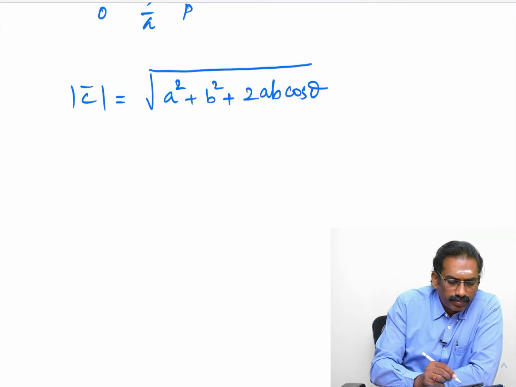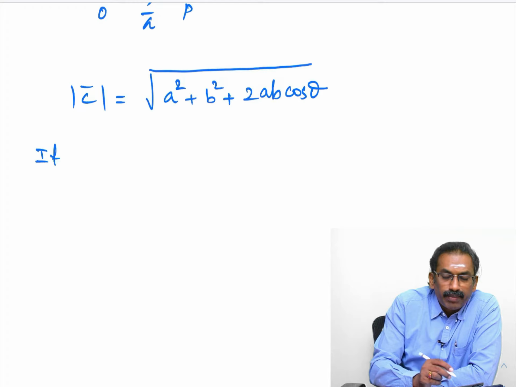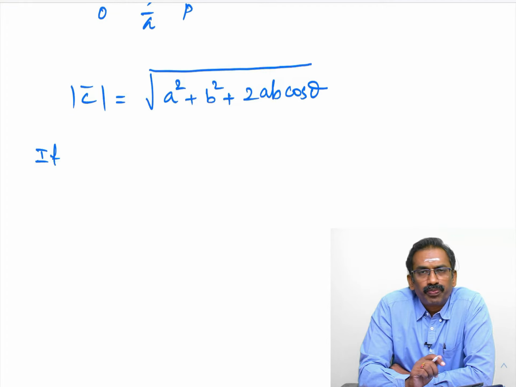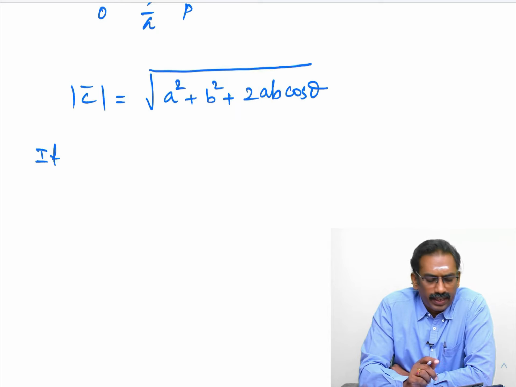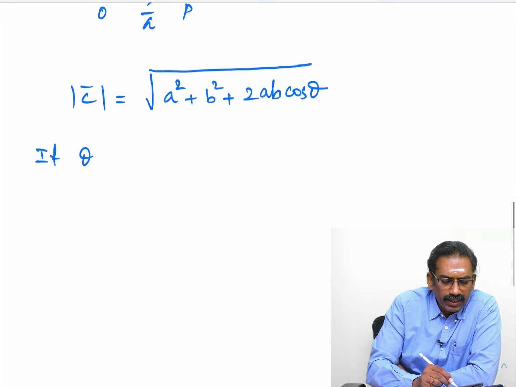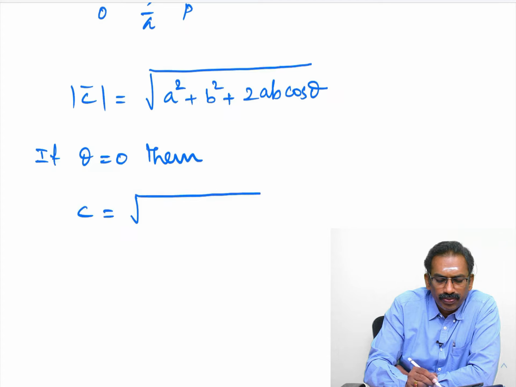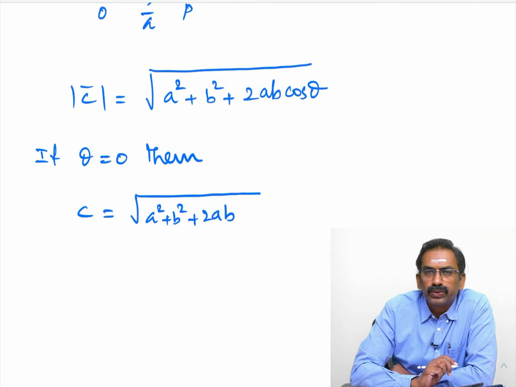Suppose A vector and B vector act at an angle 0, or in the same direction. Then the angle between them is equal to 0. Then C magnitude is equal to square root of A square plus B square plus 2AB cos 0, cos 0 is 1.